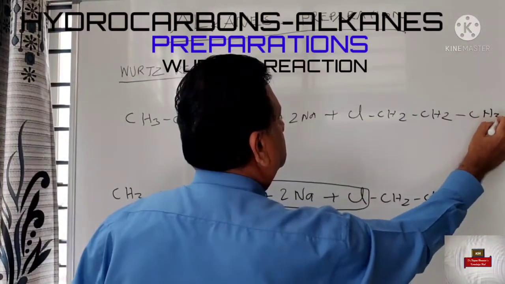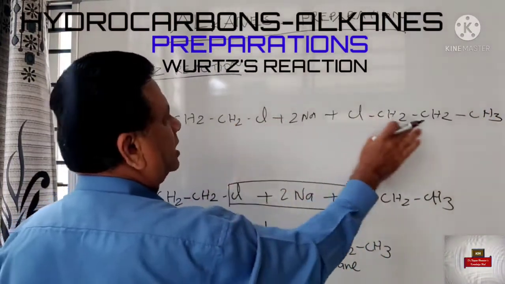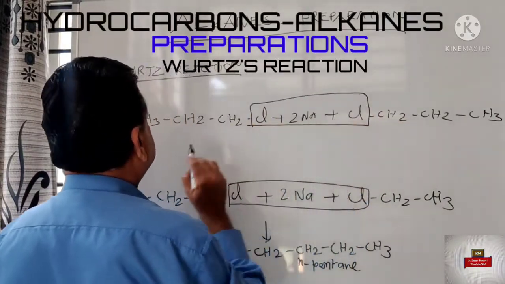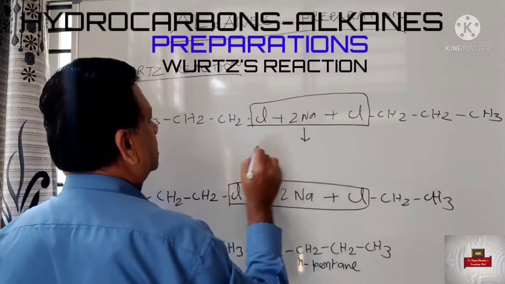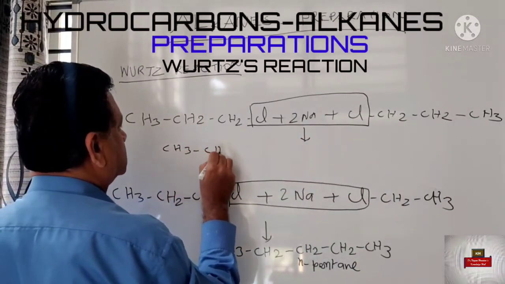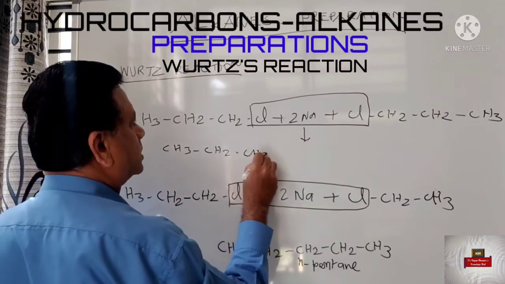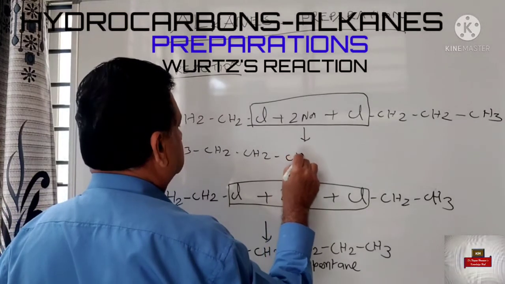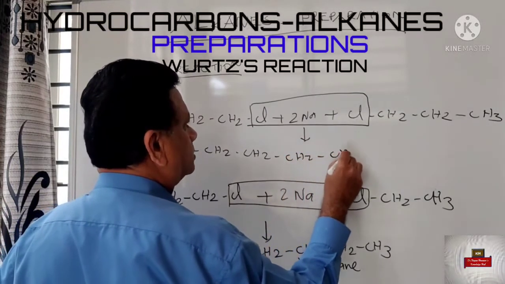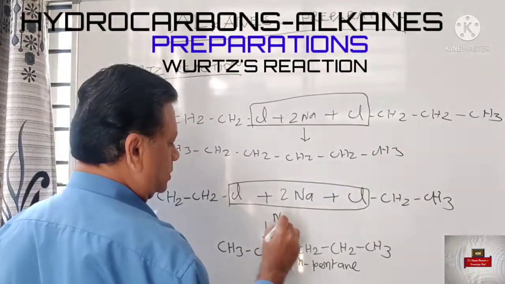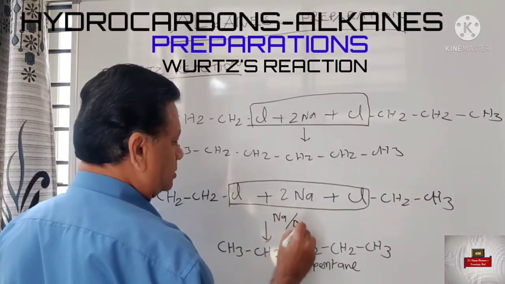So 3-carbon with 3-carbon will react and form hexane, CH3 CH2 CH2 CH2 CH2 CH3.